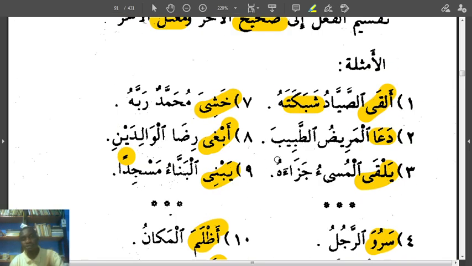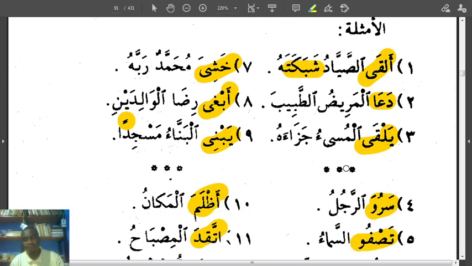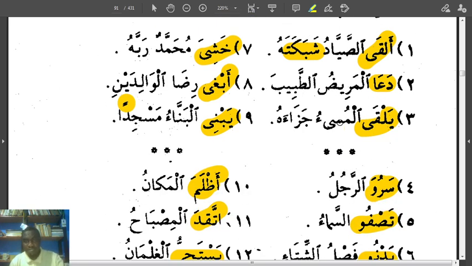Okay, now take good note of these verbs that we have. We've already explained that al-mu'tal al-akhir is the one with the weak letter at the end. And the weak letters we said are three: alif, waw, yai. So you realize that in this set we have alqa, where alif is ending it, da'a, alif is ending the verb, yalqa is alif ending the verb.